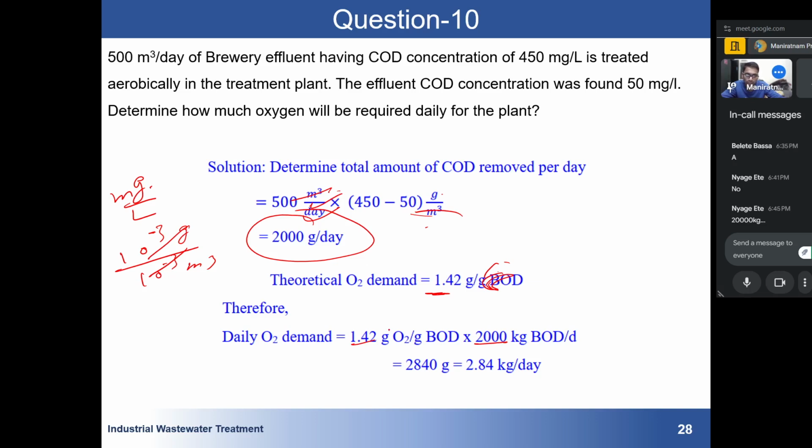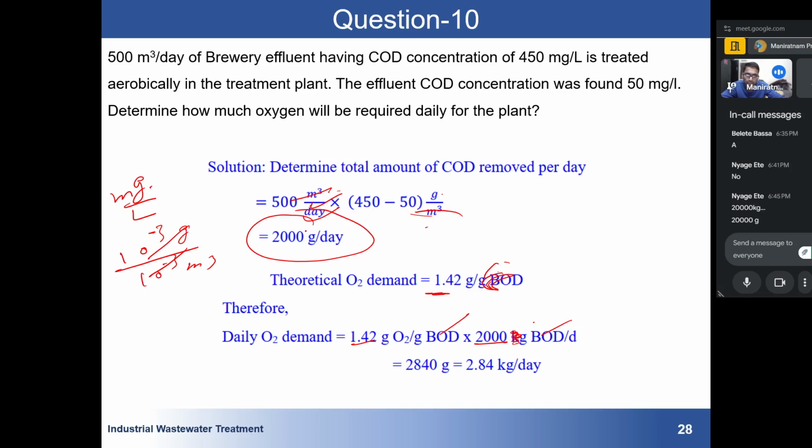Again there is one mistake. It is gram, not kg. So I have multiplied this, and the BOD will get cancelled out. Sorry, let me check once.